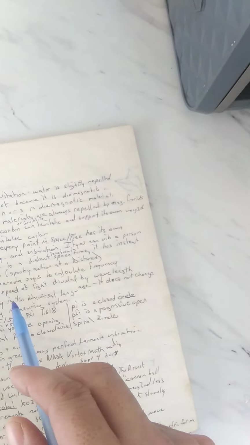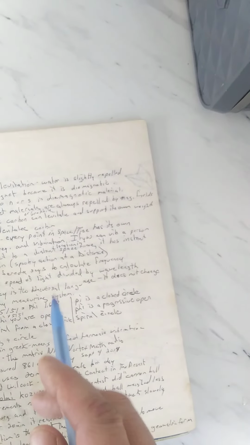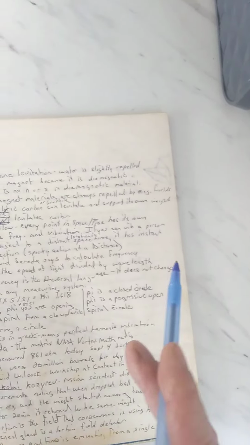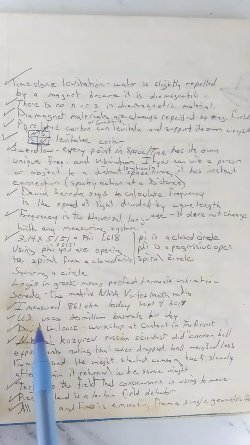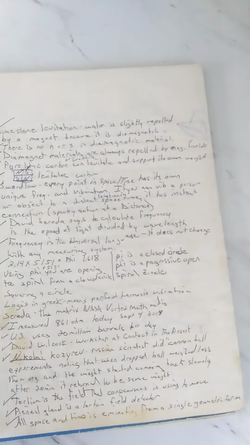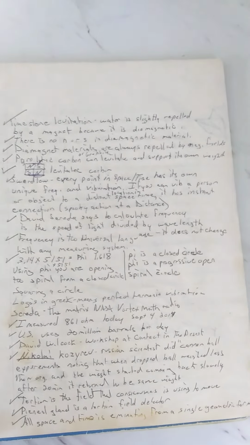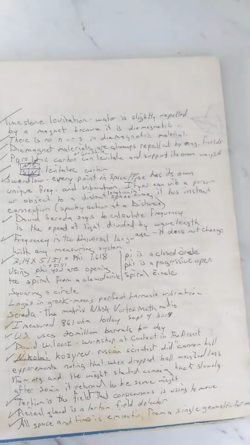So David Sereda says that to calculate frequency, it's the speed of light divided by the wavelength. He says that frequency is the universal language because it does not change with any measuring system. So this is very important. Frequency is the universal language. It does not change with any measuring system.